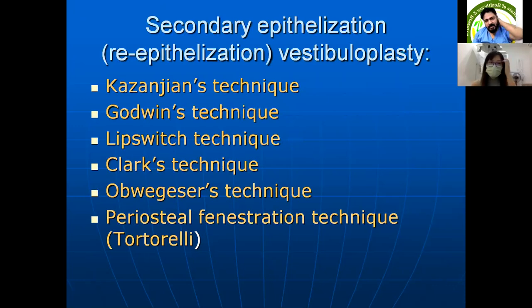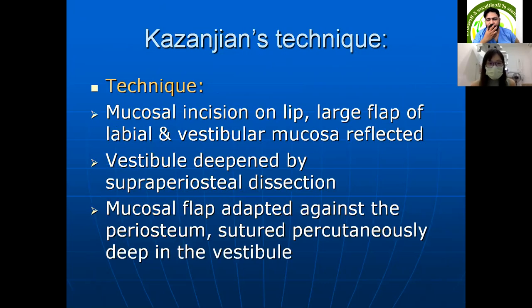Secondary epithelialization, reepithelialization vestibuloplasties are: first one is the Kazanjian technique, then Godwin's technique, lip switch technique, Clark's technique, Obwegeser's technique, and periosteal fenestration technique. In the Kazanjian technique, a mucosal incision is made on the lip, and a large flap of labial and vestibular mucosa is reflected.